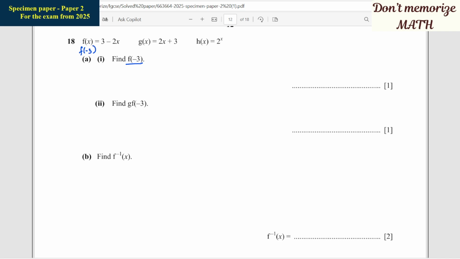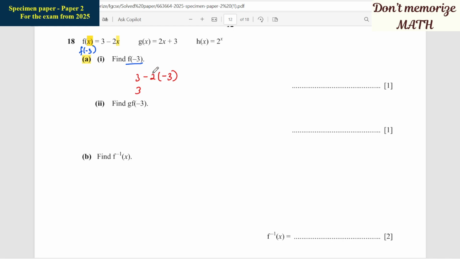You can see x is negative 3 here, so for x we will replace by negative 3. So you can write 3 minus 2 times negative 3. If you have a negative number, when you substitute, I prefer to always put brackets, otherwise you will be confused with the signs.